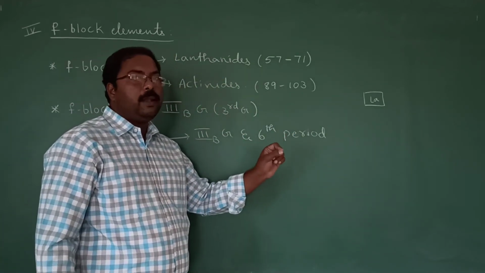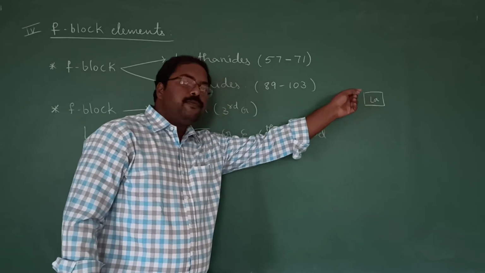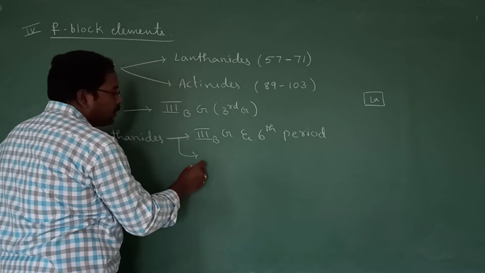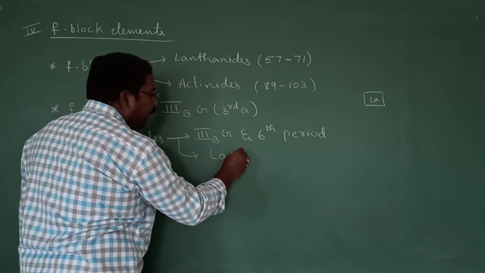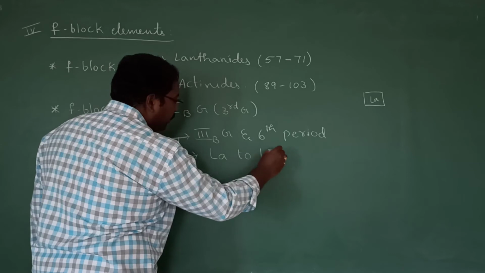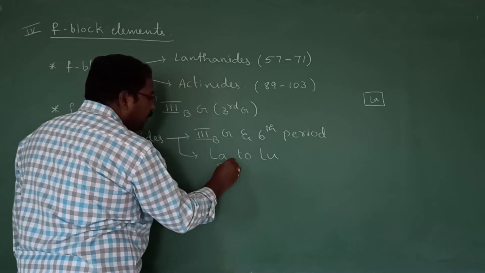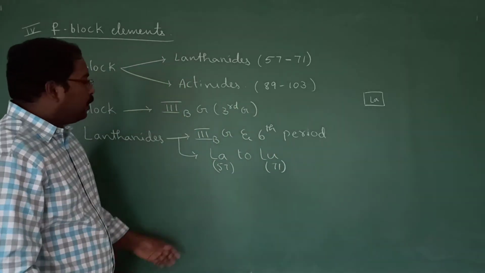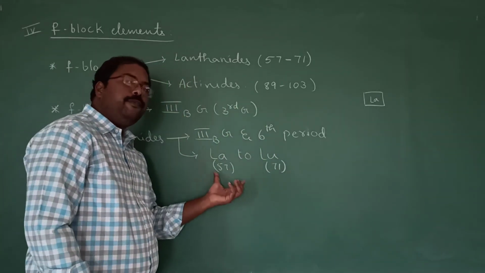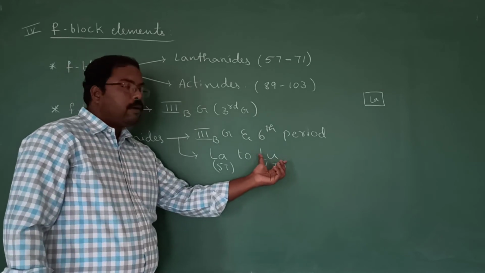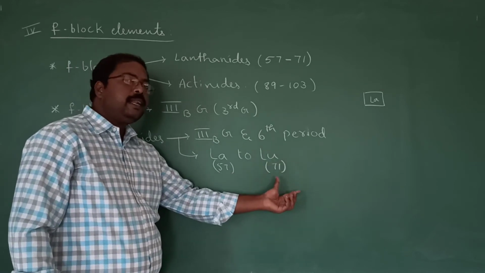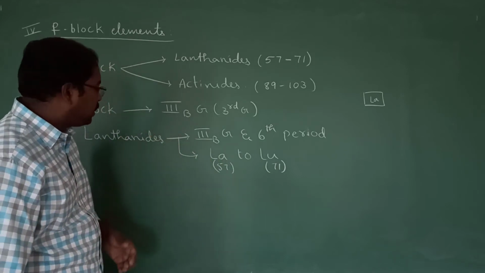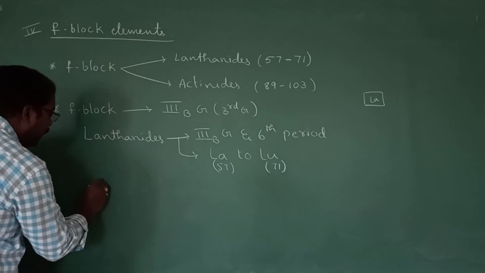That is a D block element, but the elements followed by lanthanum, generally from lanthanum to lutetium, where lanthanum is 57 and lutetium 71. The elements after lanthanum, 58 onwards, 14 elements, become the lanthanide series, which are known as F block elements.